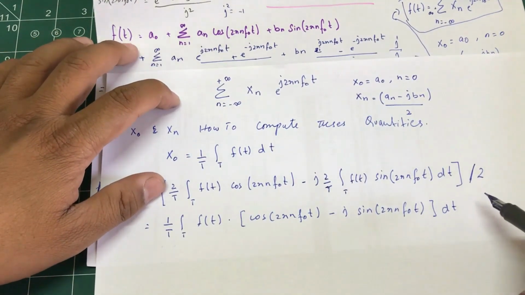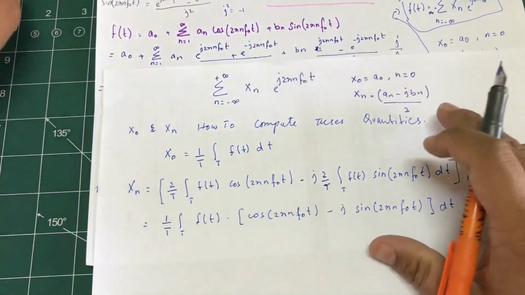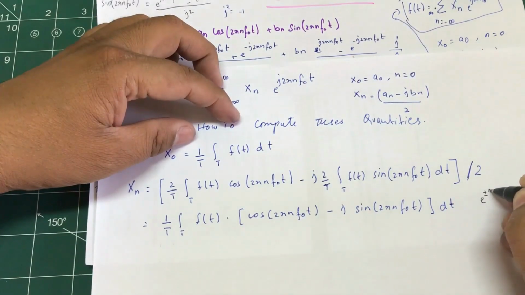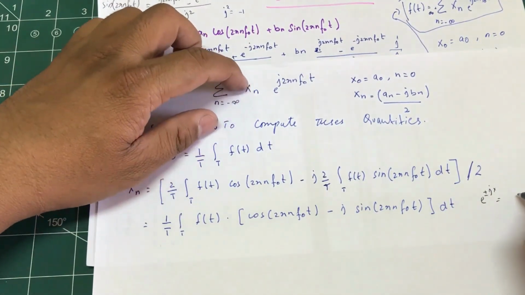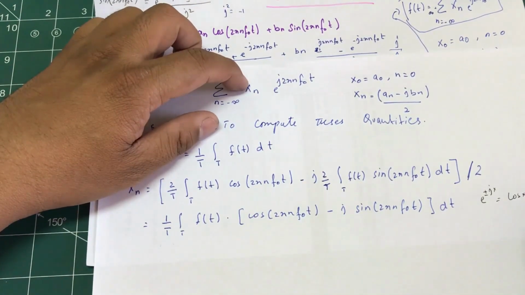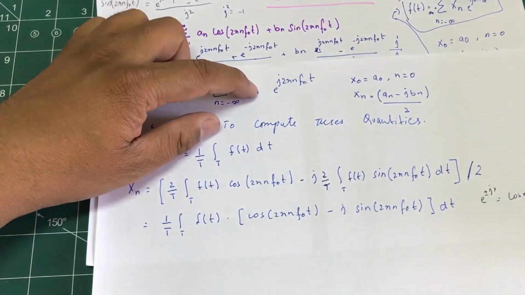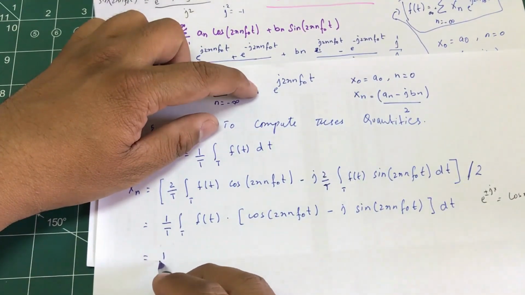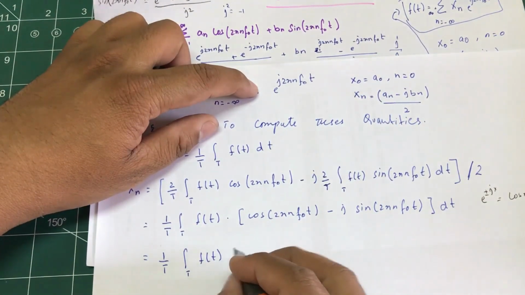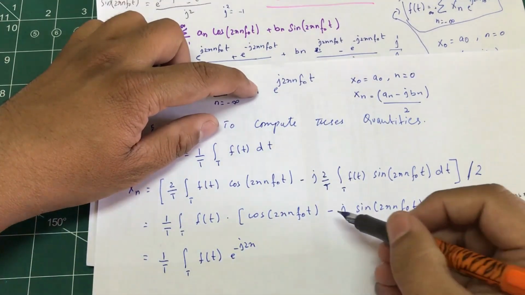Now if I were to look at it, this looks like Euler's identity, which is e to the plus minus jx is just like saying cos of x plus minus j sine of x. So this would become 1 over T f of t e to the negative j 2 pi n f naught t dt, since there is a minus sign.